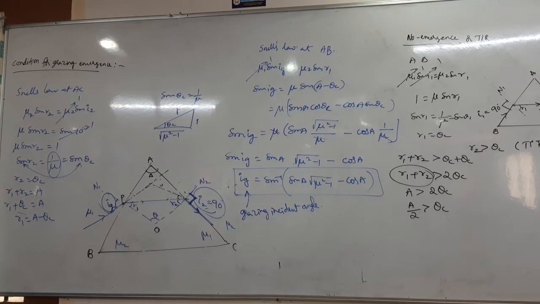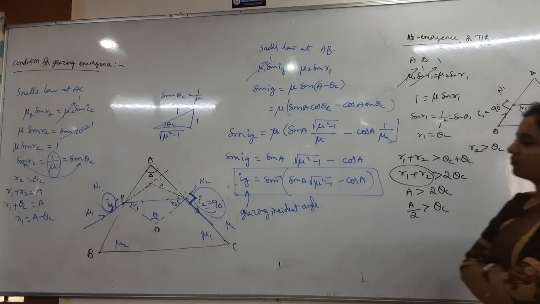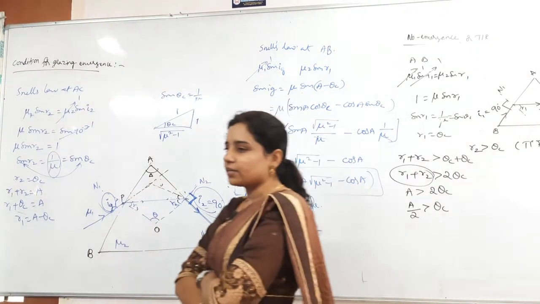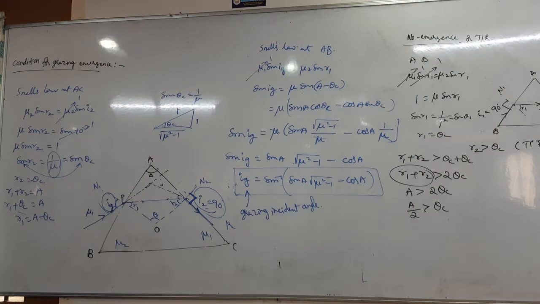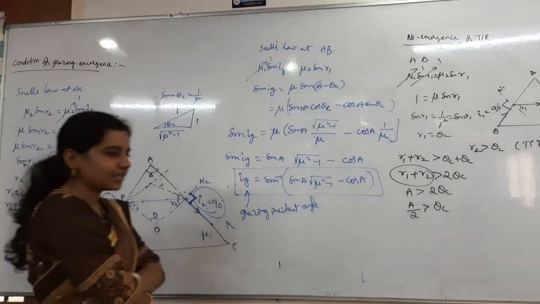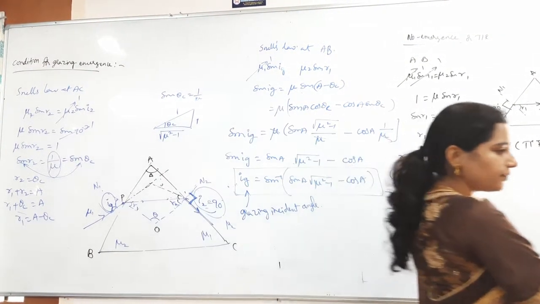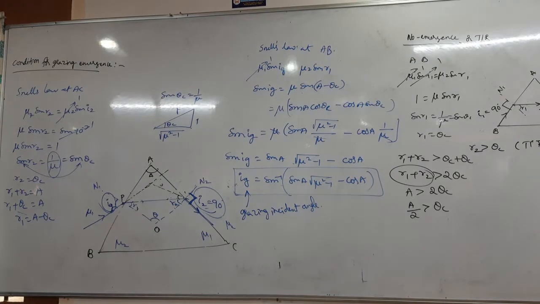To get this angle, the angle of incidence at the other face is IG. The angle of incidence at the other face is IG, known as the grazing incidence angle.